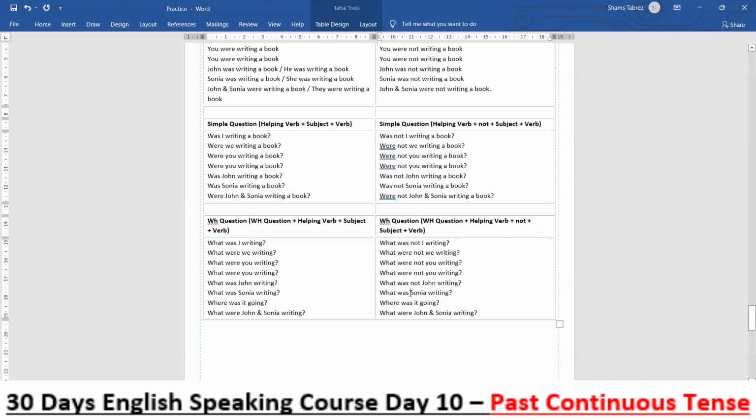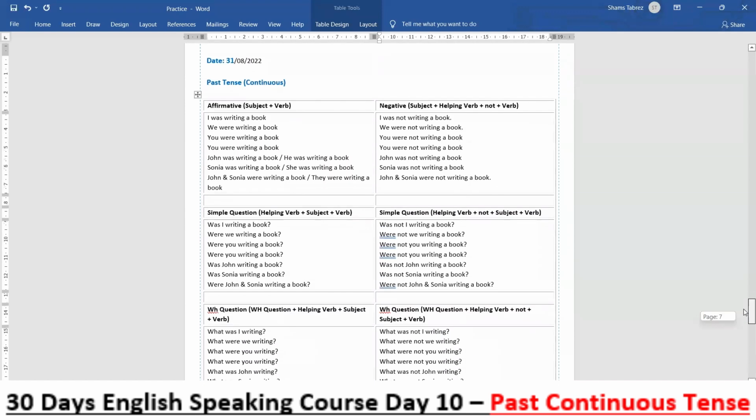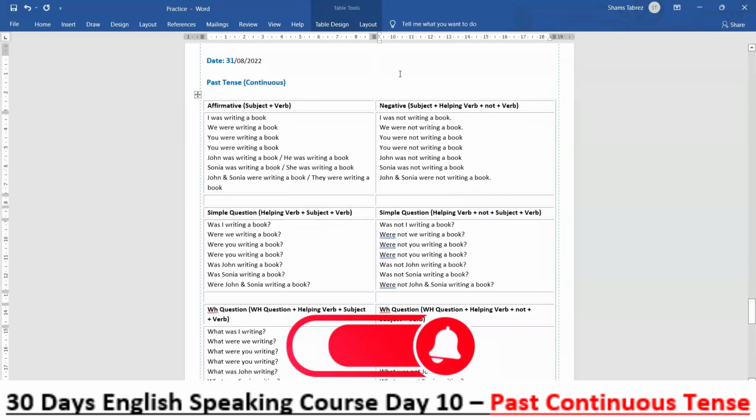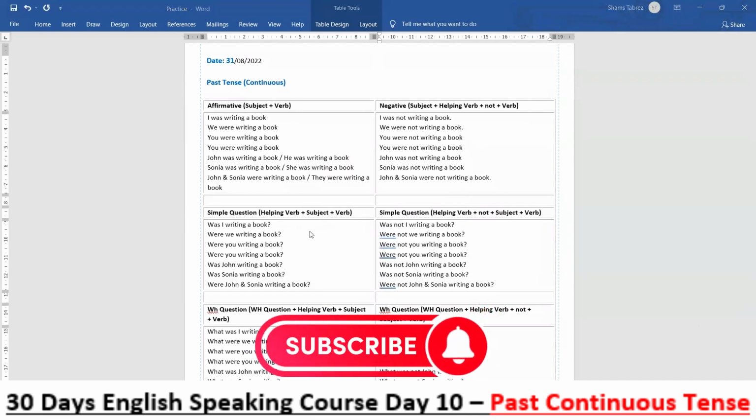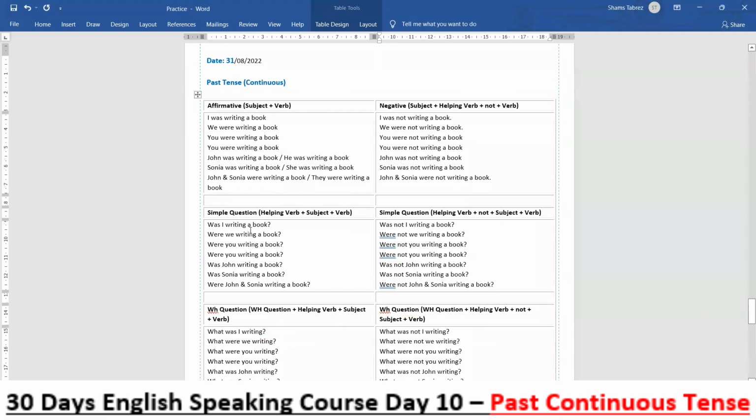Now we will do some comparison of present tense and past tense, so you will have more clarity. Now, this is the question, right? Now I'm going to ask these questions.